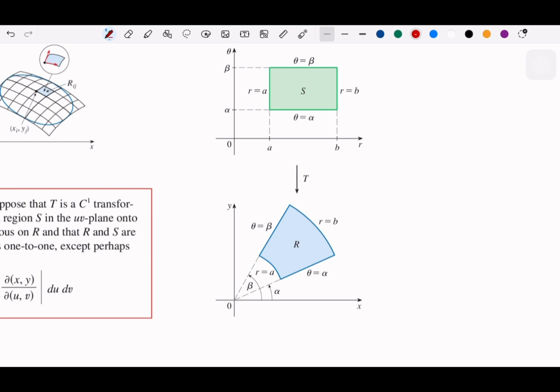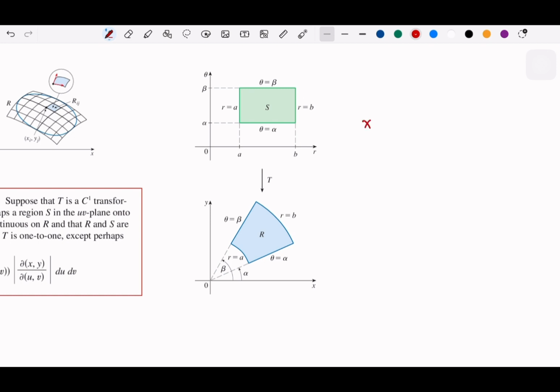We can start by taking the conversion of polar, where x is r cosine theta, and y is r sine theta. And we are transforming through the Jacobian. So the Jacobian of xy is something that we have, and this one is something that we transform to, or you could say the image.